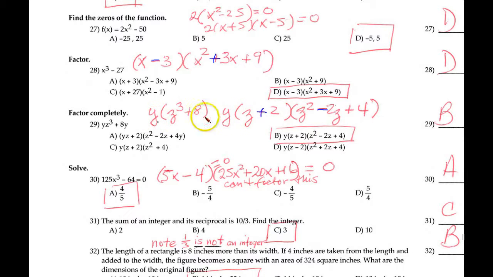And then we take the cube root of this, which is z. Cube root of 8 is 2. Square this, multiply these together, but again, the sign is negative, and then you square that, you get this. Okay? Again, it's a technique we're going to use in chapter 6.